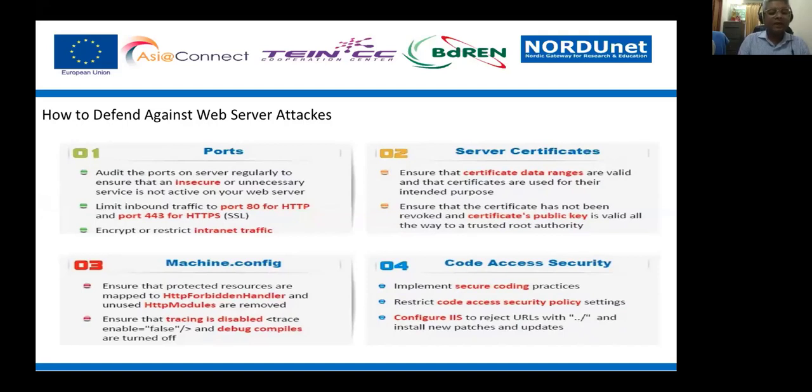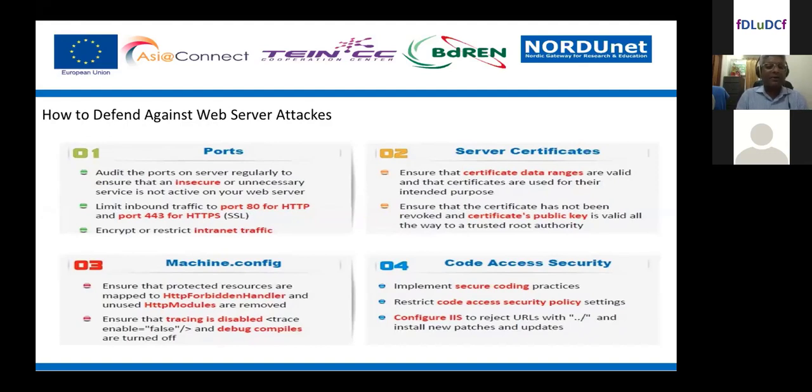If there is anything, please stop it right now and limit inbound traffic to port 80 for HTTP and port 443 for HTTPS, because you have two ports, one is 80 and another one is 443, and using those ports the traffic is coming.